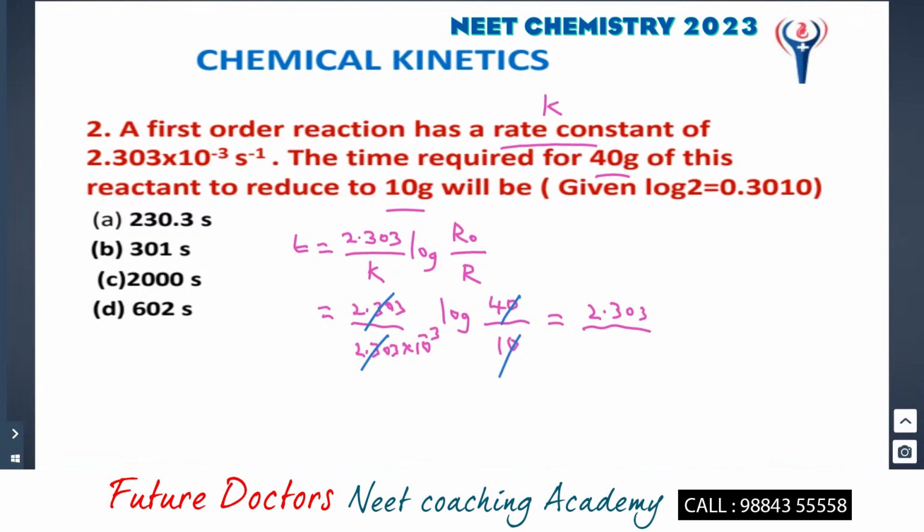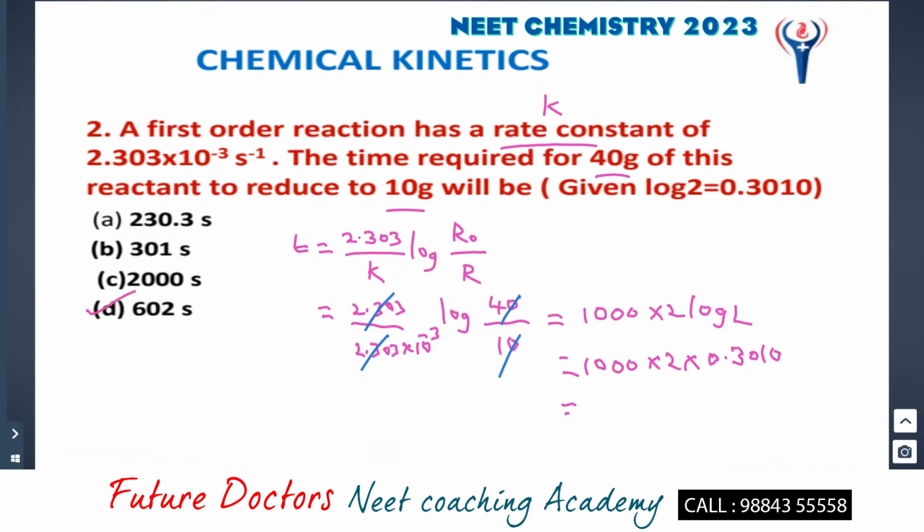When it goes to the numerator, it becomes 10 power 3, which is 1000. Then log 2 power 2 is 2 log 2. Log 2 is given, so here you can substitute. So 1000 into 2 into 0.3010. Understood?